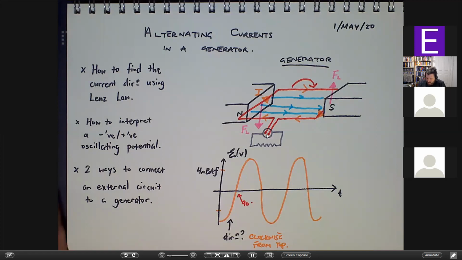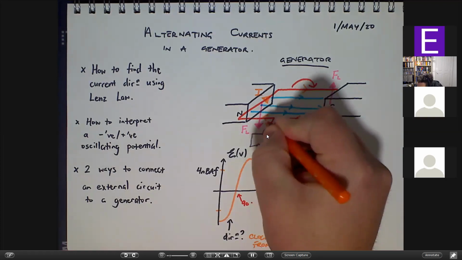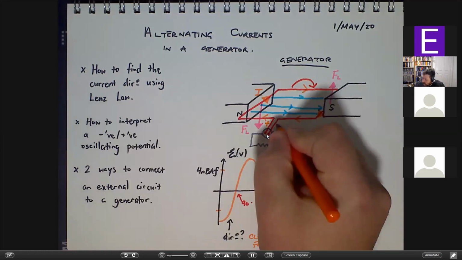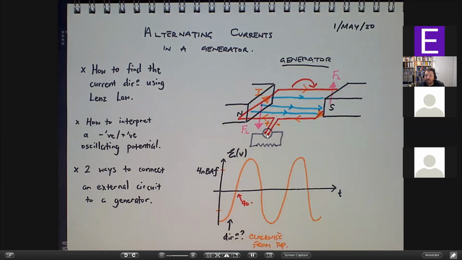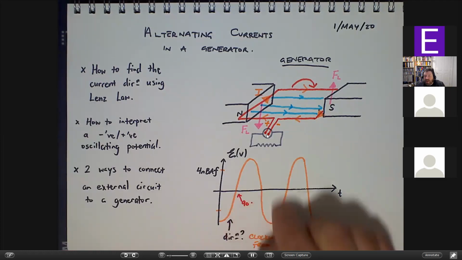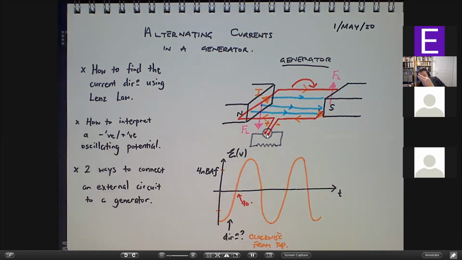So we can also put that on a diagram: whatever part of the wire happens to be on this end is always the positive terminal, and whatever part of the wire happens to be on this end is always the negative terminal, because those are the current directions we've derived. Okay, but in terms of physically putting a voltmeter on there, they're going to keep flipping directions because these two terminals keep flipping positions.